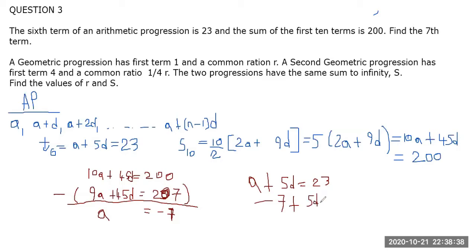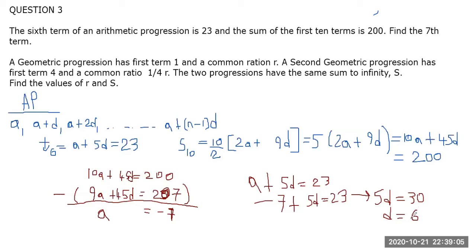So 5d is equal to, bring over the negative 7, 30. And so this is telling me that d is equal to 30 divided by 5, which is 6.